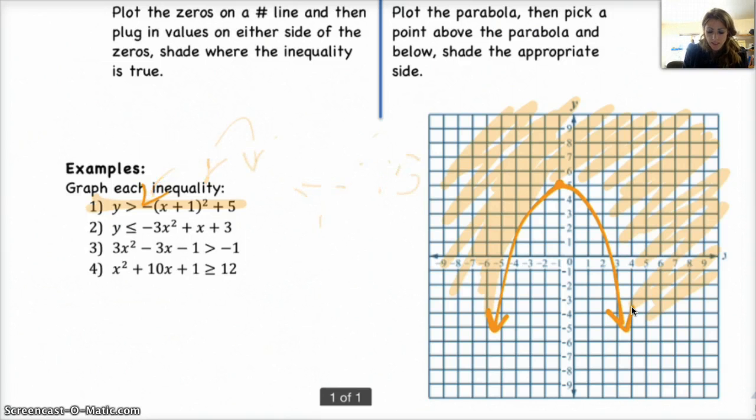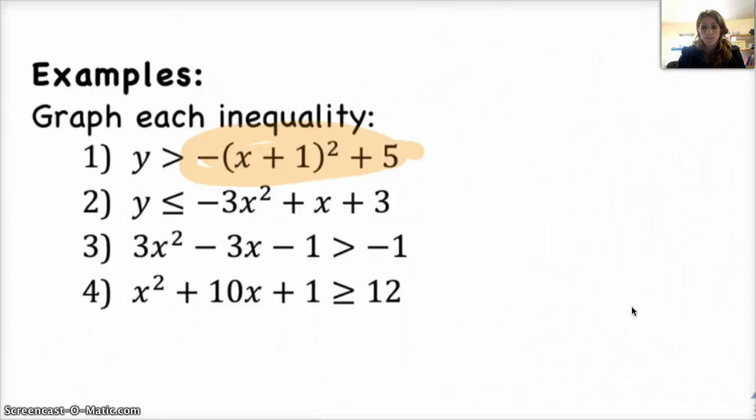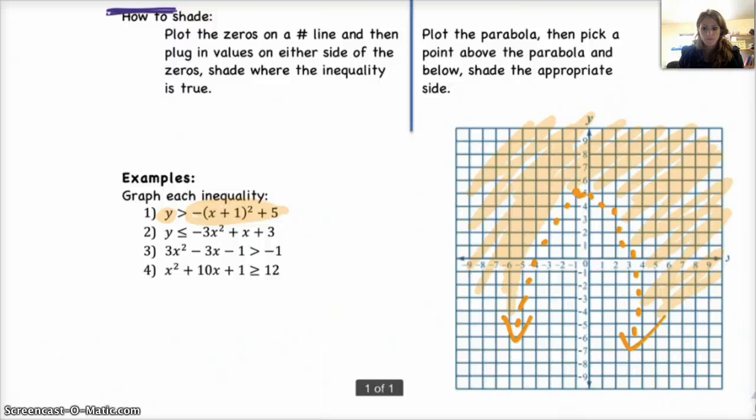And if you're really not understanding what that means, it's like this half of the equation, that negative (x plus 1) squared plus 5, that actual parabola, y equals that, is not greater than this. So anyways, it's a dotted line. And that would be my graph.